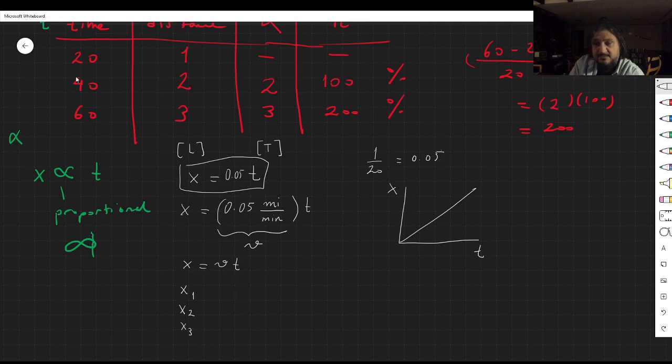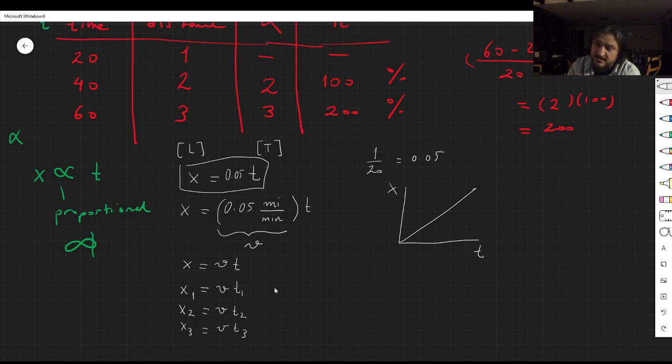And then I have the corresponding times, t1, t2, and t3. But the relationship between those t values and the x values is always similar. So v times t1, v times t2, v times t3 give you x1, x2, and x3 respectively. Now that works just fine for us.